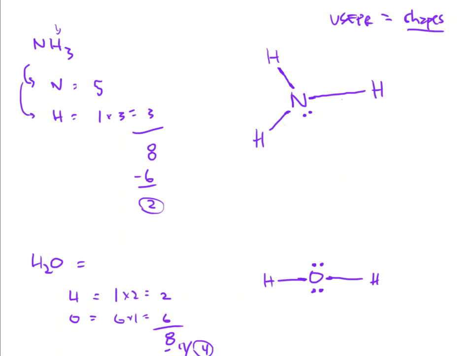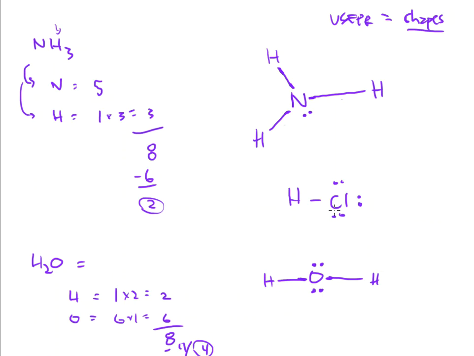VSEPR is basically a way that we can look at these structures that we have been drawing, and I'm going to write the HCl on here as well because we did that in the last video, and identify shapes that these things will take on in a 3-dimensional fashion.